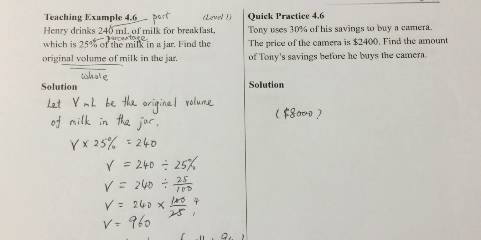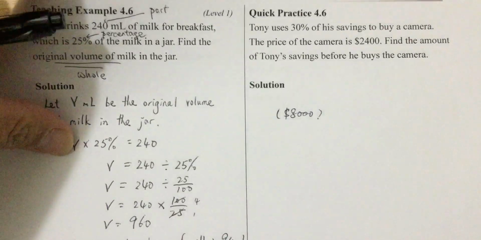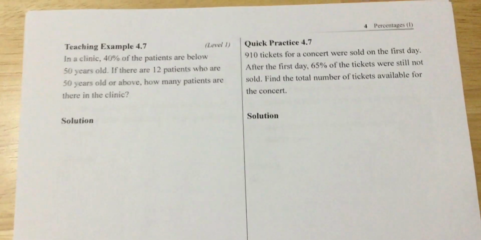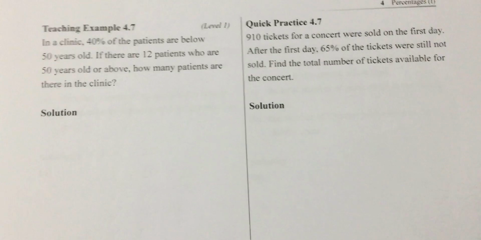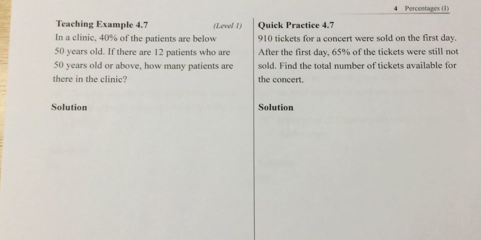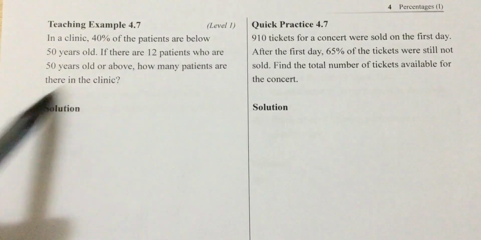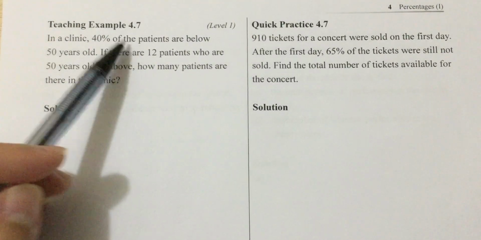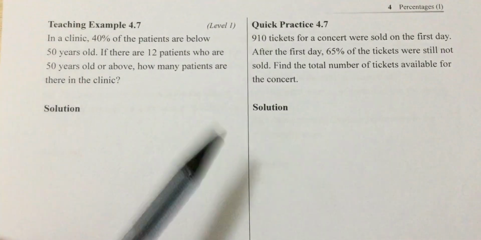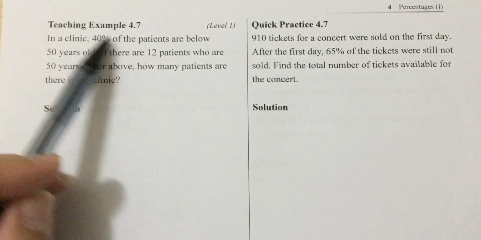Now I will go to another example, teaching example 4.7. If you have any problem, pause the video now. In a clinic, 40% of the patients are below 15 years old. This is the part, but pay attention. This is not related to the part percentage we are going to have.